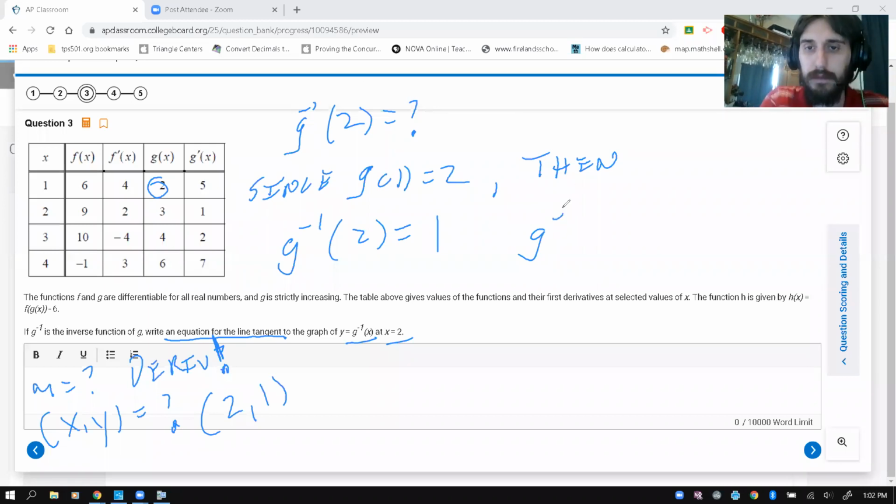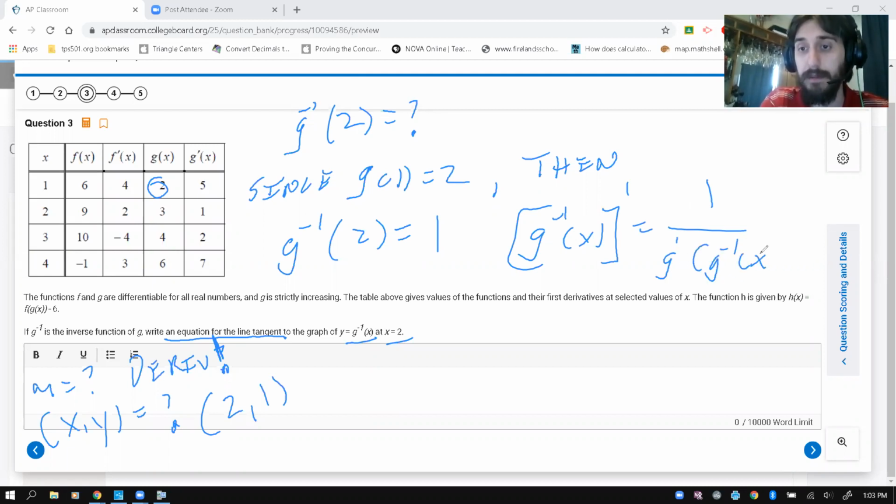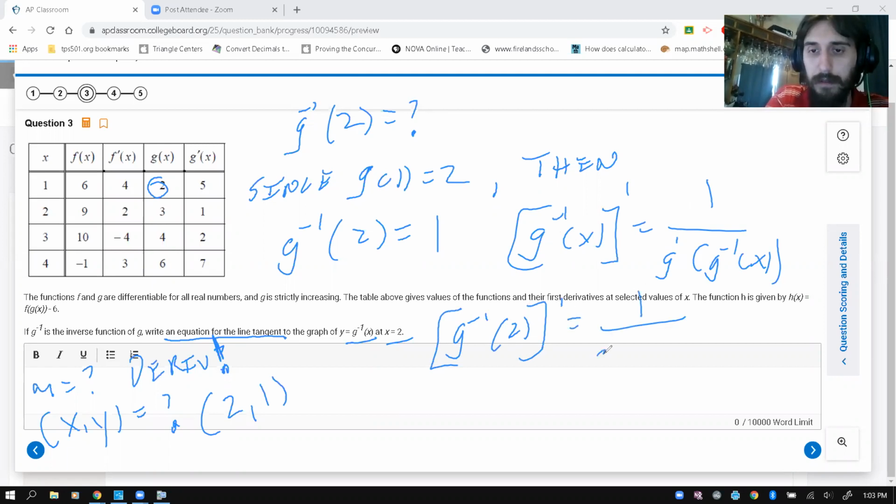The derivative of the inverse function of g is going to be 1 over the derivative of your regular function at the inverse. So the derivative of the inverse function at 2 is going to be 1 over the derivative of your function at the point where the inverse has 2 plugged in for it.